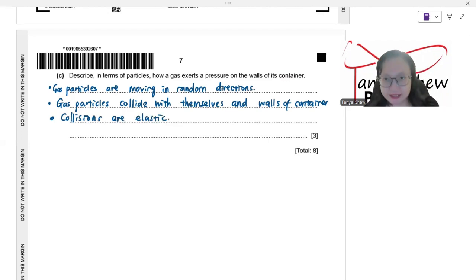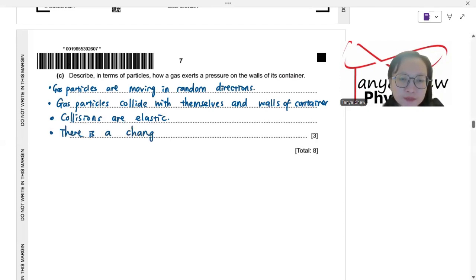What do I mean by elastic collision? That means that when a gas particle is colliding with the wall of the container or with themselves, they do not stick together. So they will rebound off. They rebound with the same speed. There is a change in momentum. Still remember what is momentum? It is due to collision. A change in momentum, that means final momentum minus initial momentum.